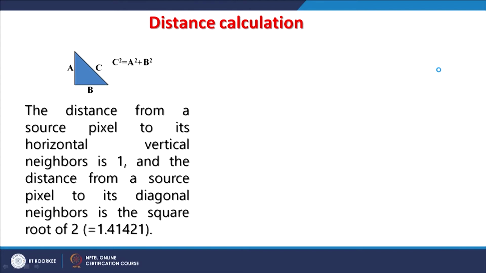Here, first the distance calculation. Basic trigonometric functions will be used here. The distance from a source pixel, because here it is not necessary that you would be performing only on vector data, it can be raster data, to its horizontal and vertical neighbors is 1, and the distance from the source pixel to its diagonal neighbors is the square root of 2, that is equal to 1.4142.